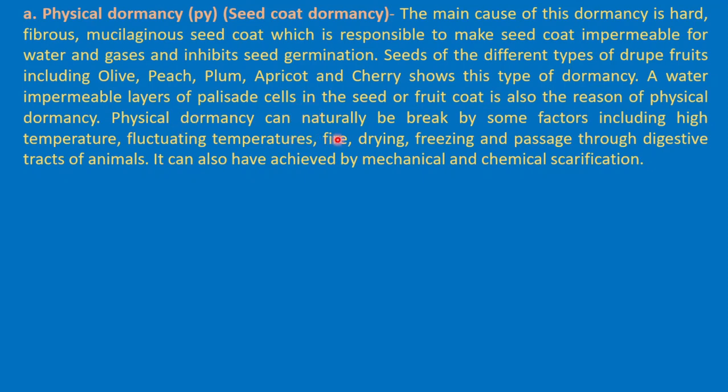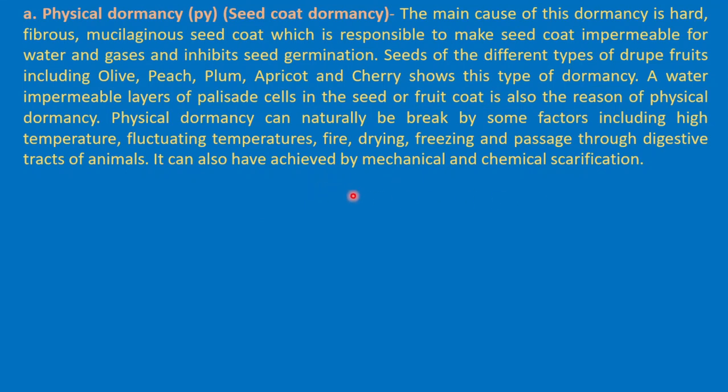Physical dormancy can naturally be broken by some factors including high temperature, fluctuating temperatures, fire, drying, freezing and passage through the digestive tract of animals. So such seed coat dormancy can be broken by these different factors. It can also be achieved by mechanical and chemical scarification.